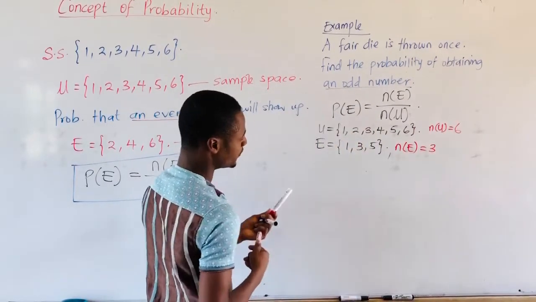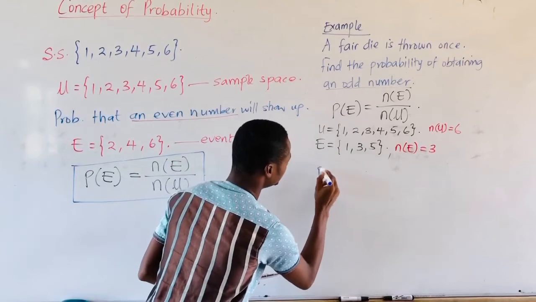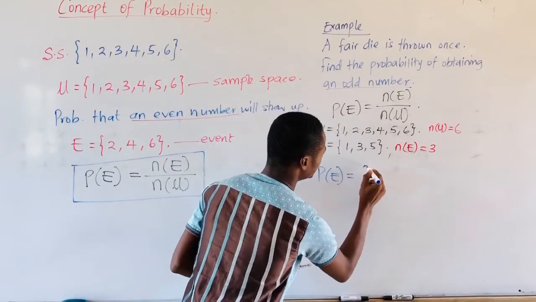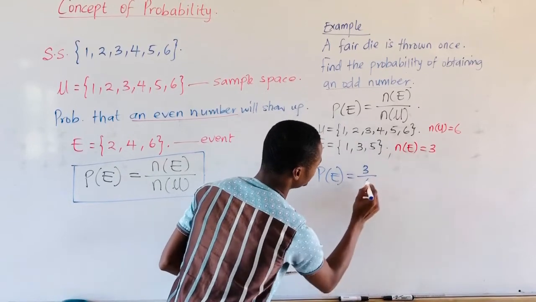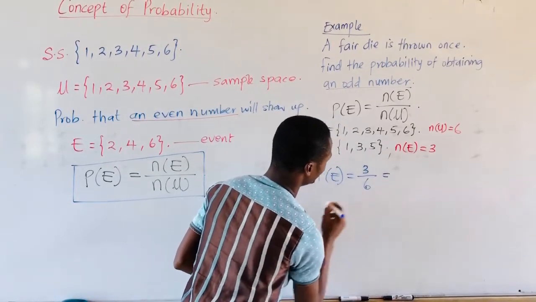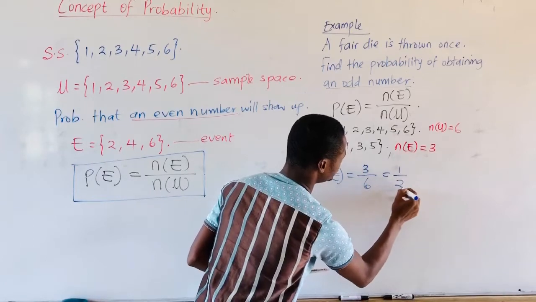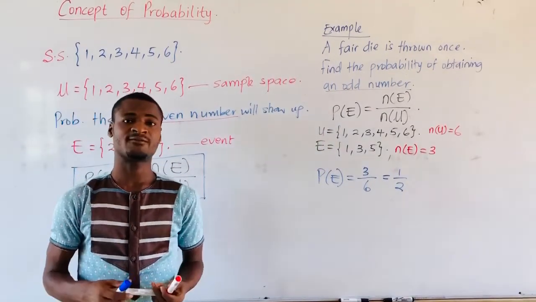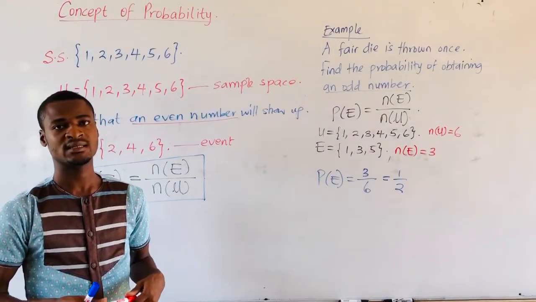Therefore, our probability of the event will be: number of elements in the event is 3, that in the sample space is 6. So our probability will be 1 over 2. Note that probability should always be written as a fraction in its lowest term.